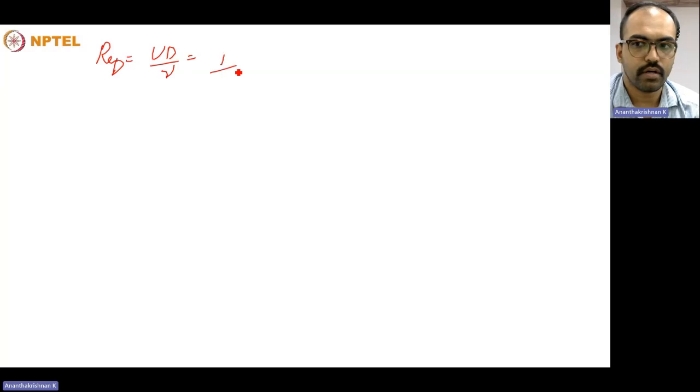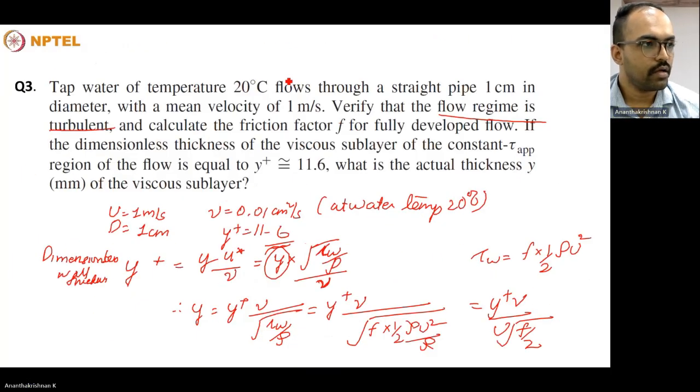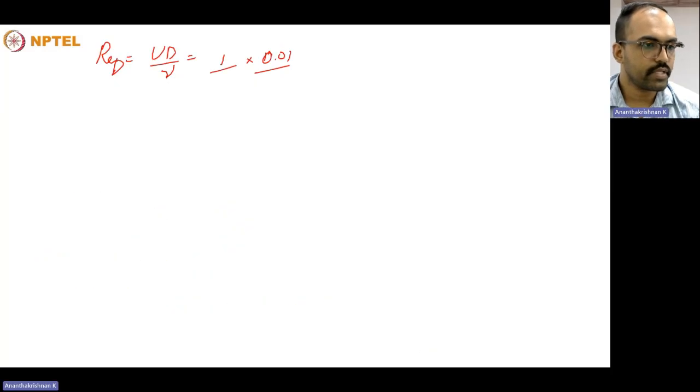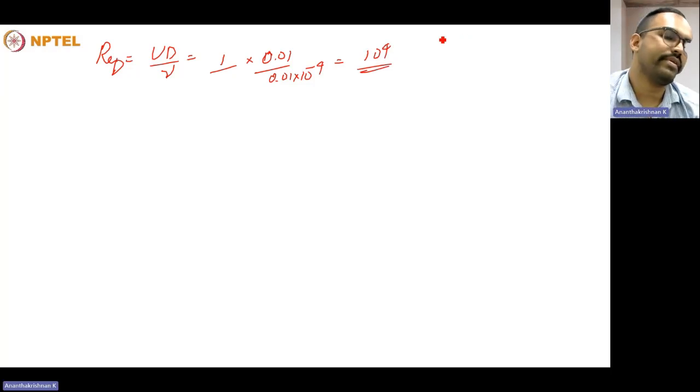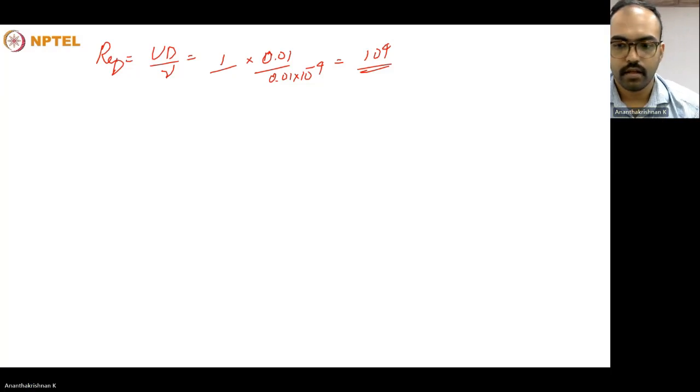U is equal to 1, diameter is 1 centimeter, so 0.01 divided by the kinematic viscosity, 0.01 centimeter squared, that is 0.01 times 10 to the power minus 4. So that will be equal to 10 to the power 4. The previous correlation's applicability was for the range of Reynolds number greater than 20,000.